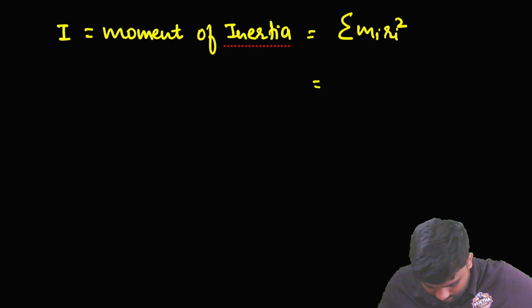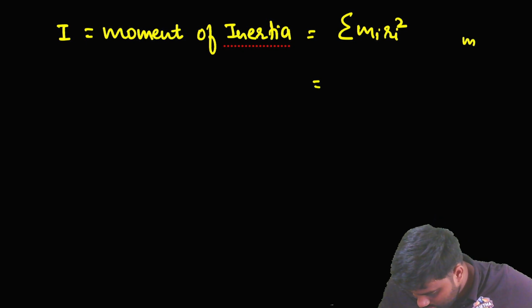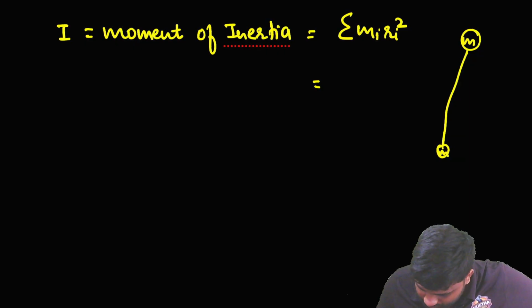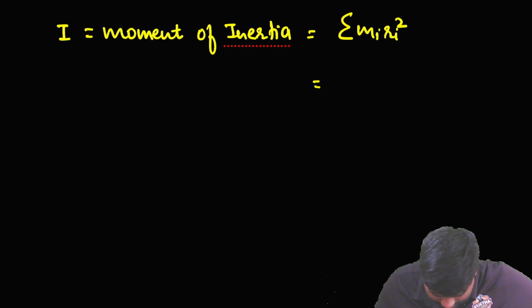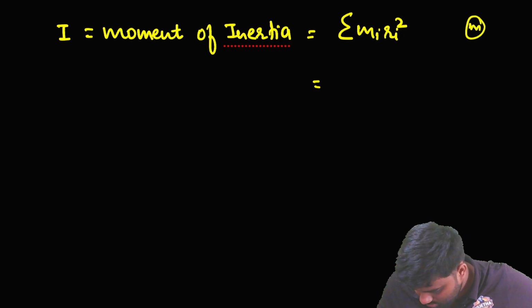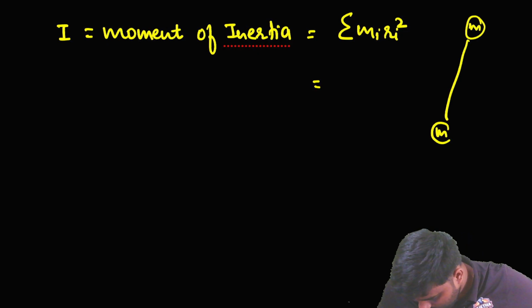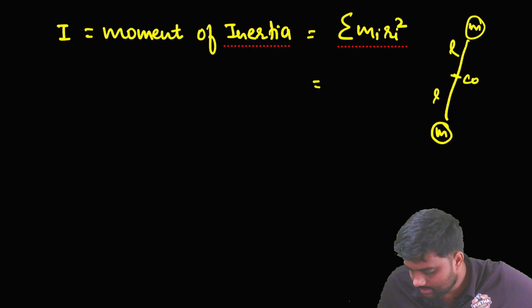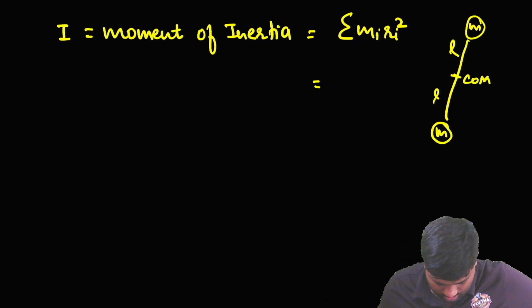Suppose you have two masses, each of mass m, separated by the distance 2L. This is the center of mass. Understood?